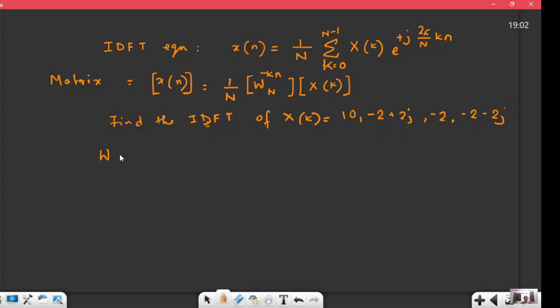Twiddle factor matrix is given by, all the j's are replaced by minus j, all the minus j's are replaced by plus j. So this inverse Twiddle factor matrix I am writing, 1, plus j, minus 1. All the real numbers are kept as they are. In fact, there is no change with the real numbers.